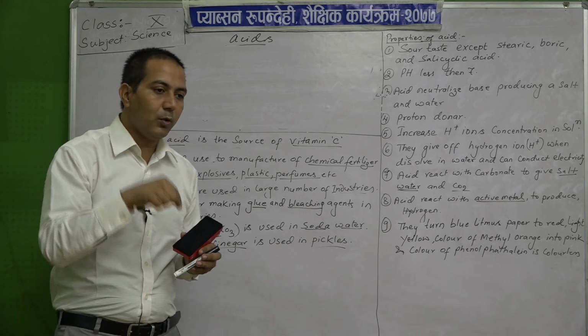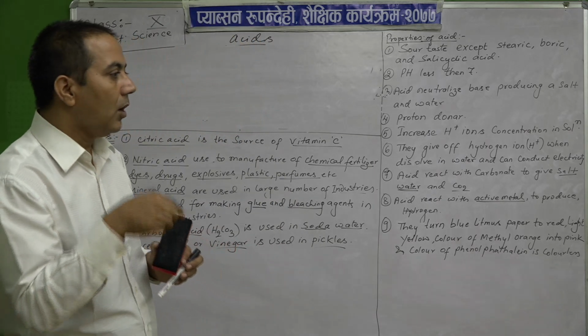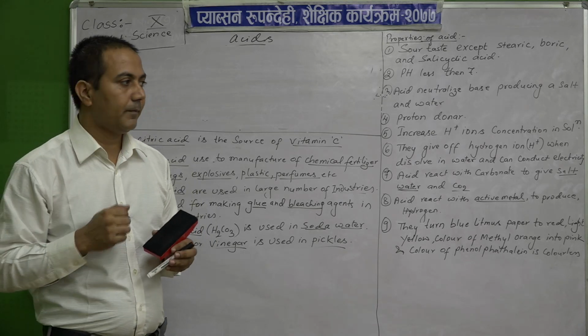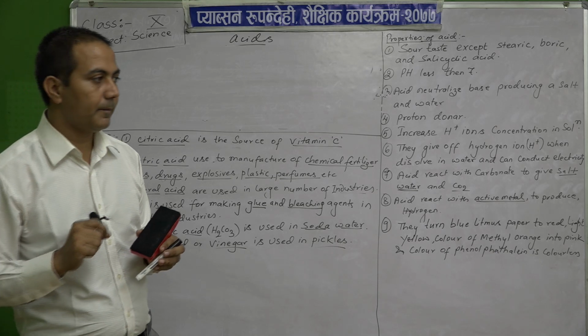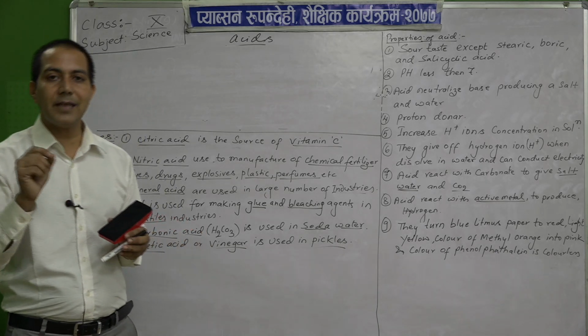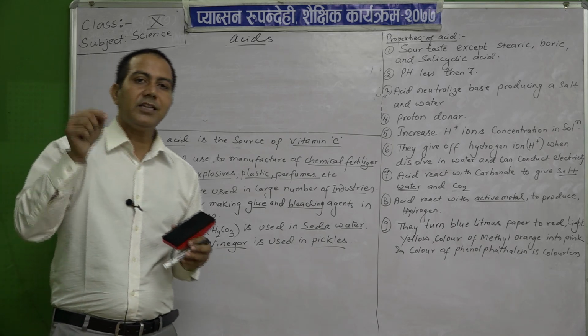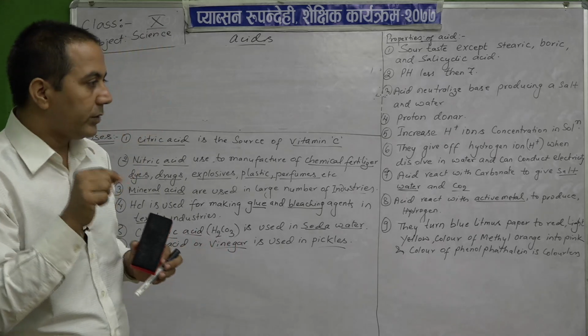When we keep a blue litmus paper in an acid, it will turn red in color. Okay. Litmus papers are indicators. Indicator means they indicate acidic or basic properties. These are special papers used in the laboratory.